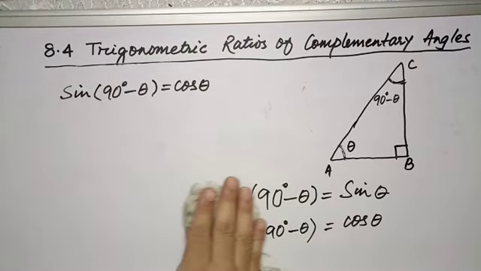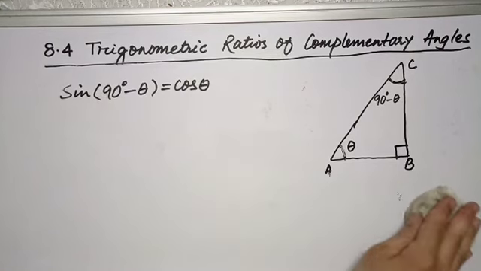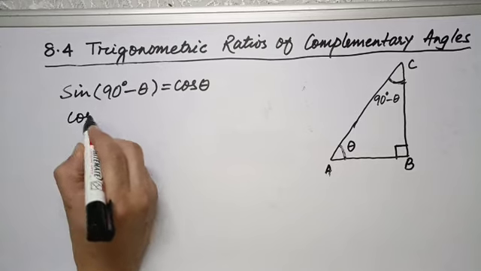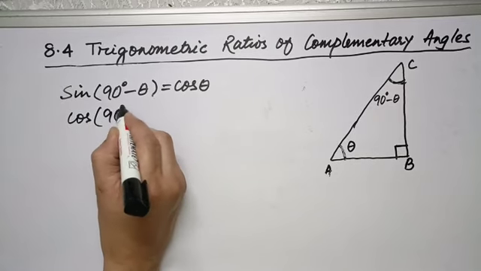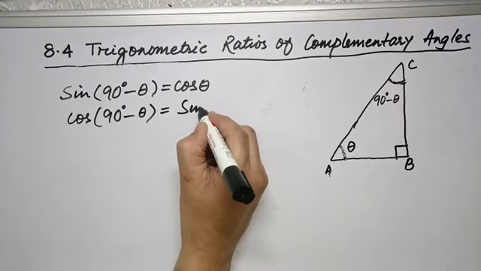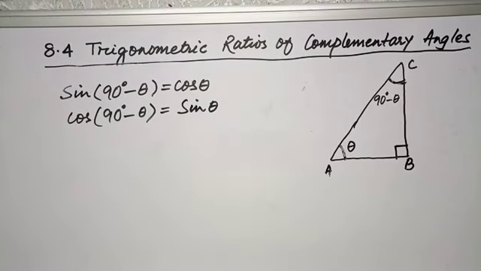You got it? Let me erase this too. And similarly I can write cos 90 degree minus theta is also going to give me sine theta. We got the two values.